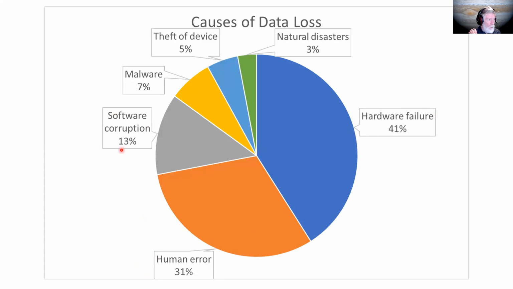Then software corruption, which includes corruption to the file, the disk space or the data. Malware, including ransomware, is about 7%. Theft of the device, and then natural disasters are only about 3%. Although natural disasters are usually a big loss.